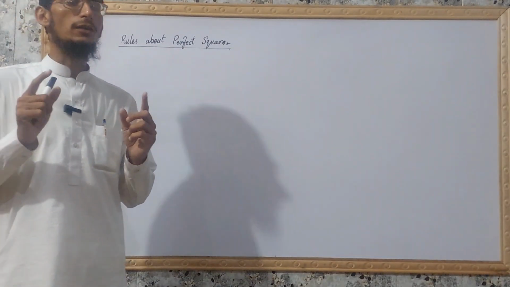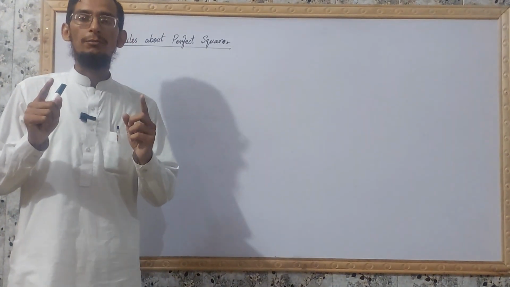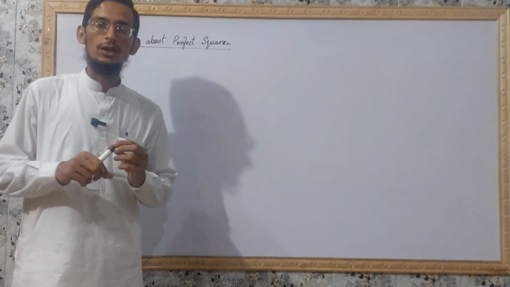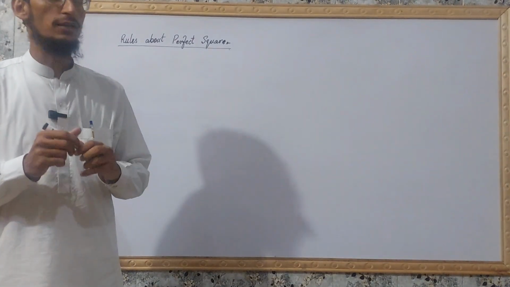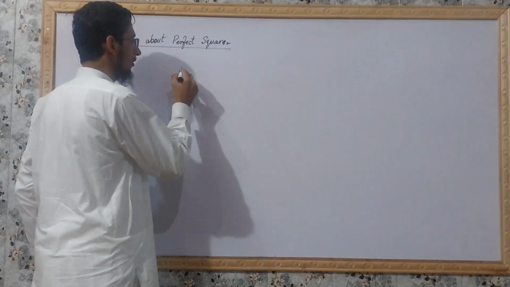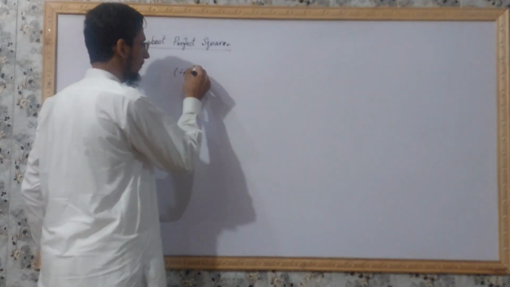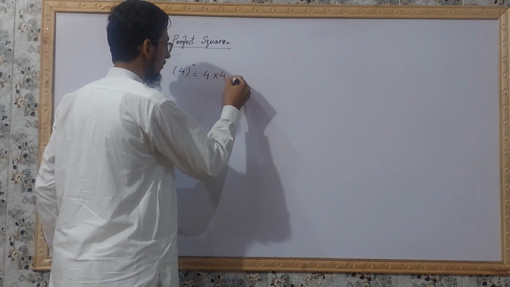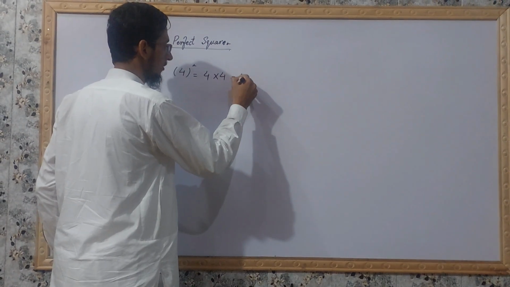कि किसी भी इवन नंबर का स्क्वायर जो है वो हमेशा एक इवन नंबर ही होगा. फॉर एग्जाम्पल लेट्स सी 4. If we take its square, it means 4 multiplied by 4 is equal to 16.